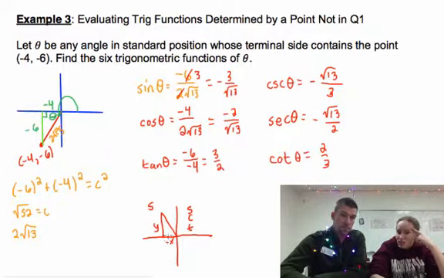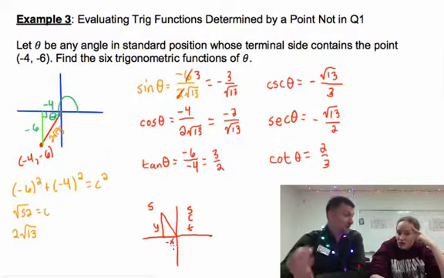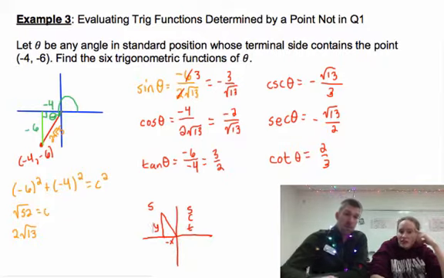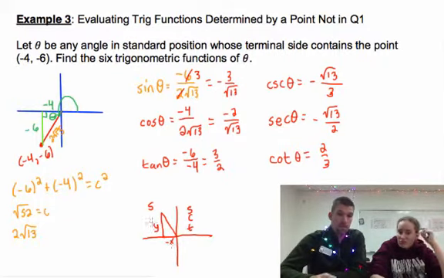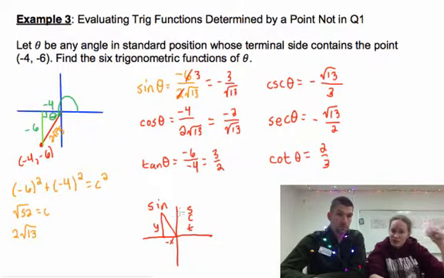But cosine won't be positive because it's adjacent over hypotenuse, and the adjacent this time is negative x. A negative divided by a positive has to be negative. And our tangent would be negative because it's y over negative x, so that's a negative number.